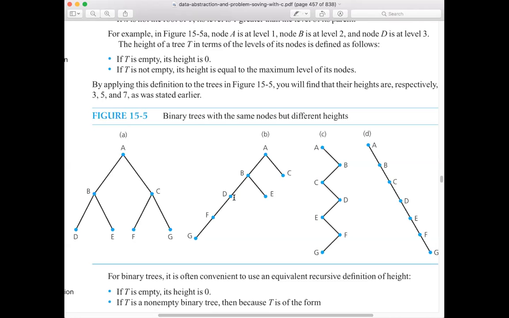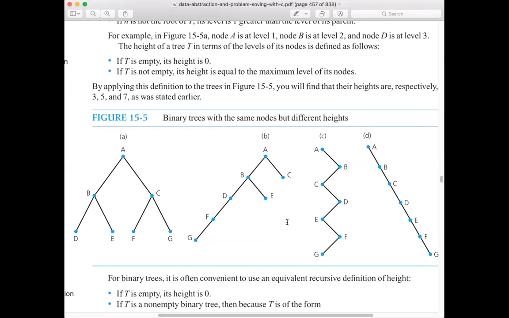A, C, and D are not balanced. They're way out of balance, right? For example, in C, A's left subtree has a height of what? 0, right?